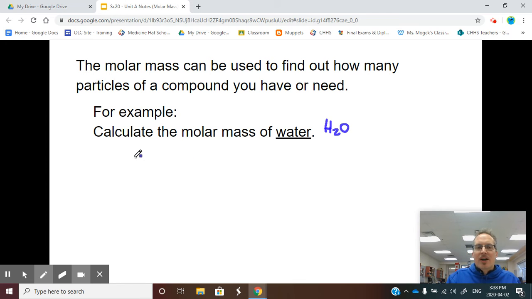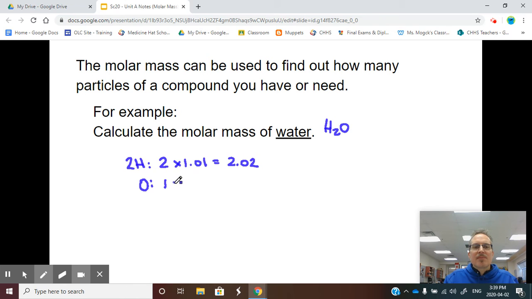In water, we have 2 hydrogens and 1 oxygen. If we look up the value, each hydrogen has a value of 1.01, so that's going to be 2.02. Make sure you're looking up these numbers with me or pausing the video.